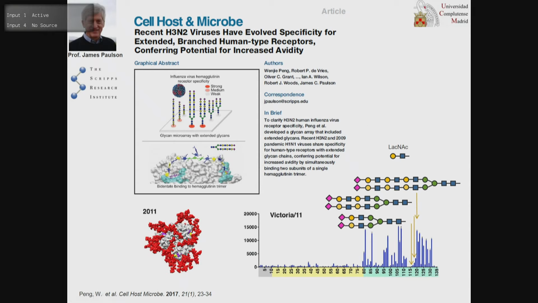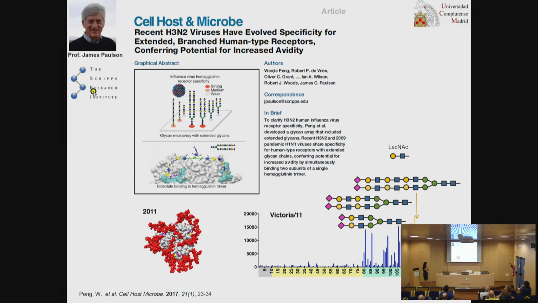We are collaborating with Professor James Paulson's group at the Scripps Research Institute in the US, because his group published a paper where they found, by using glycoarrays, that the new viruses that are evolving, for instance this H3N2 or the one that produced the pandemic infection in 2009, not only like the sialic acid at the end of the arm, they also prefer long chain structures in the recognition.